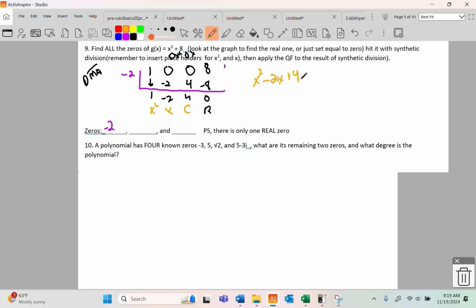And now I'm going to hit this thing with the QF. X equals negative b plus or minus square root of b squared minus 4ac all over 2a. So looking real quick, a is 1, b is negative 2, and c is 4. Opposite of a negative 2 is a positive 2.